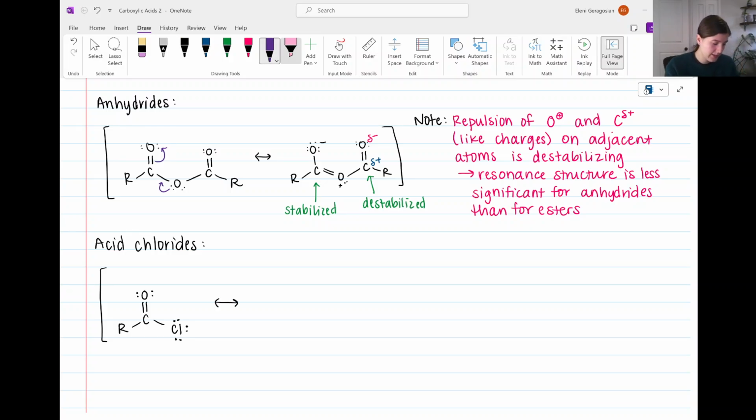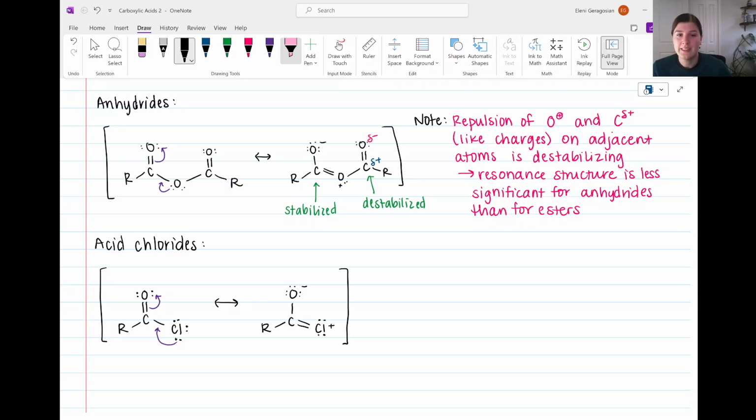So again, showing resonance here, the chlorine atom can donate electrons to that single bond towards carbon, and we break the pi bond. That puts a positive charge on chlorine and, of course, negative charge on oxygen. So in this case, for an acid chloride, the atom that could donate electrons, and we're showing that in this resonance structure, is chlorine.